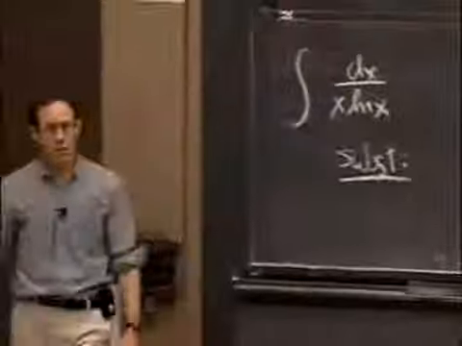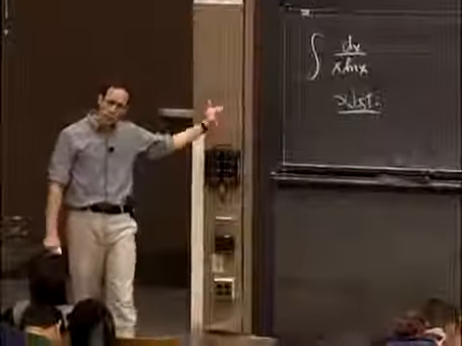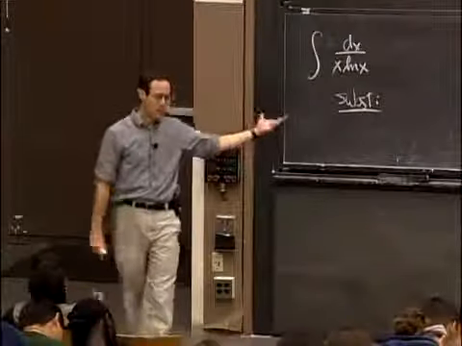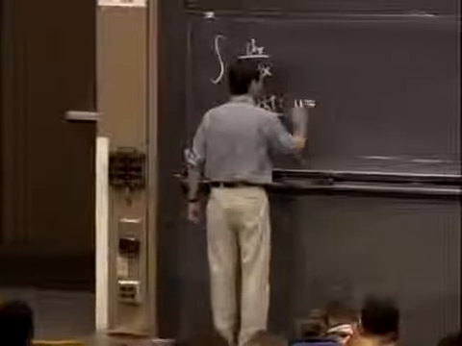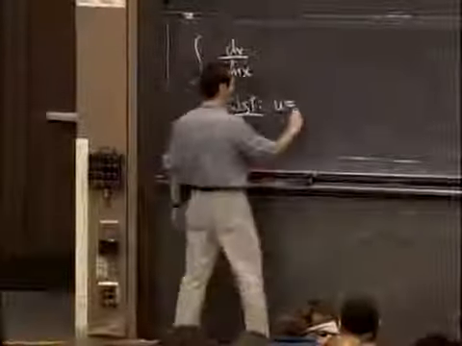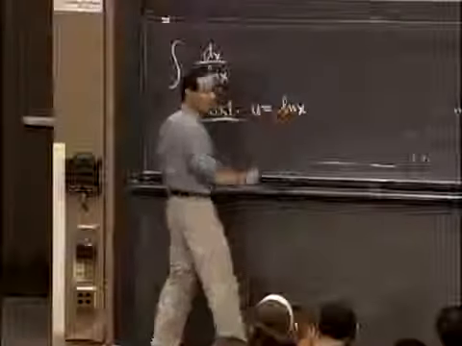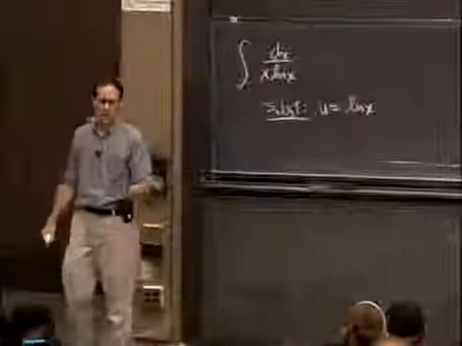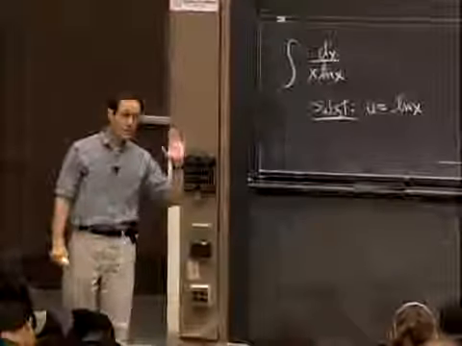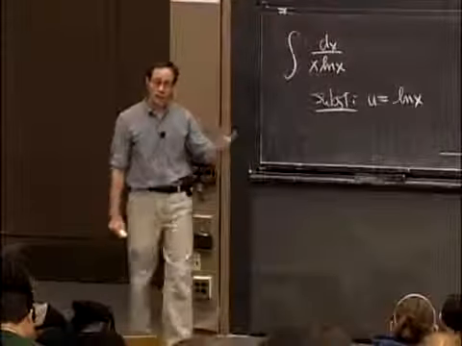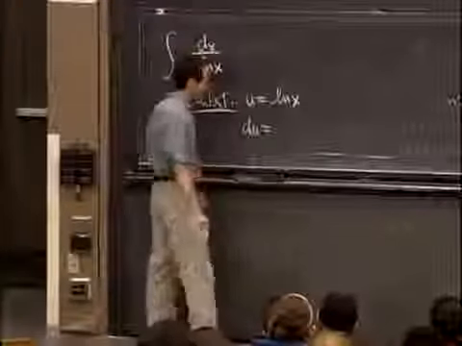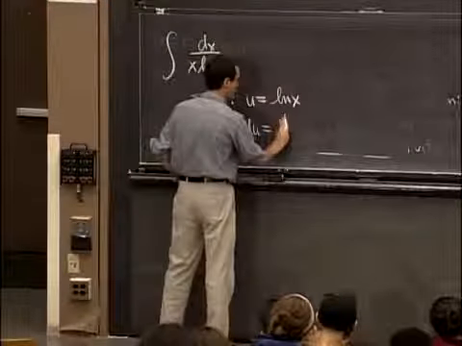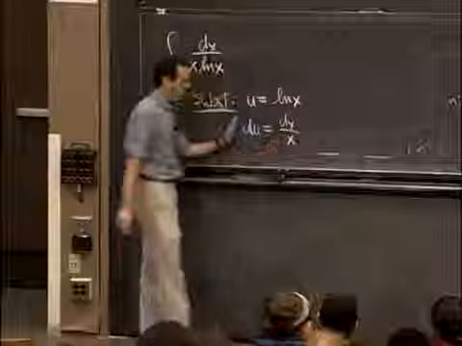And in the substitution method, you want to go for the trickiest part and substitute for that. So the substitution that I propose to you is that u should be log x. And the advantage that that has is that its differential is simpler than itself. So du is equal to dx over x.